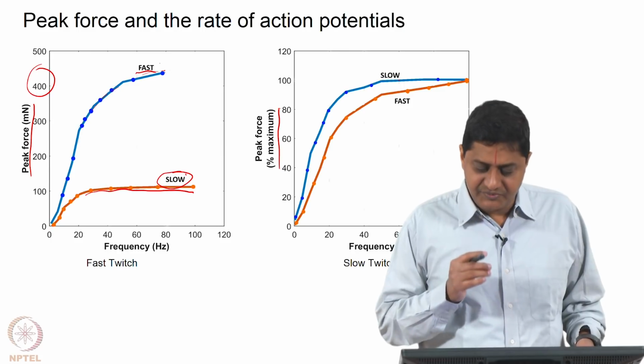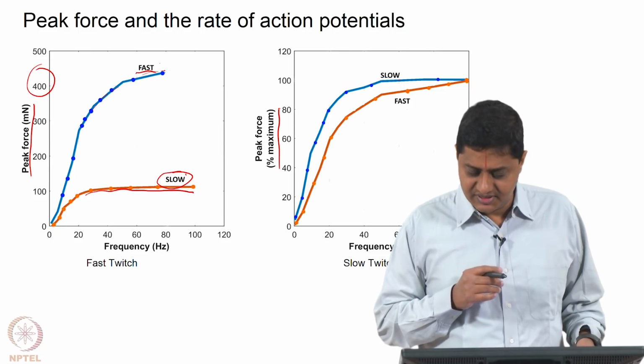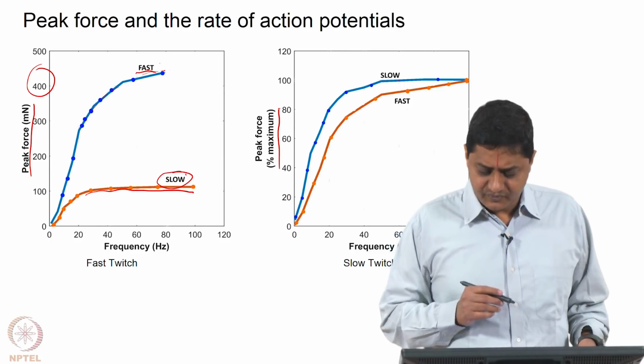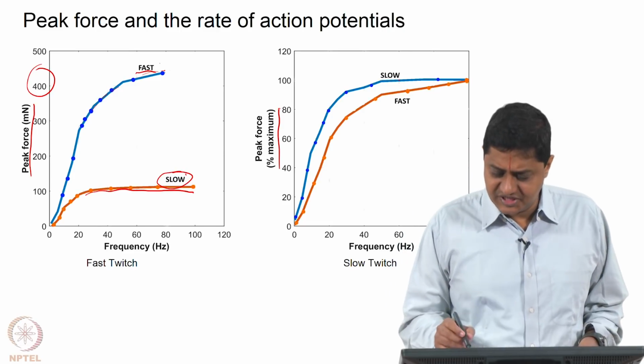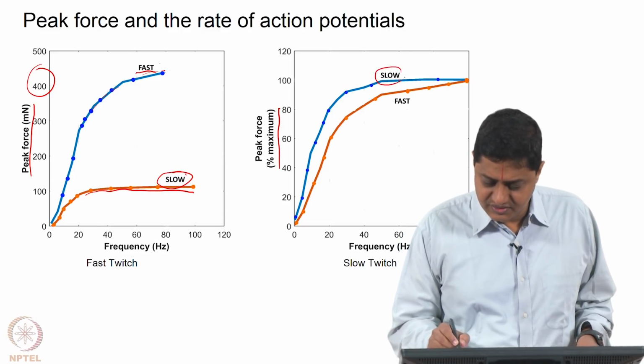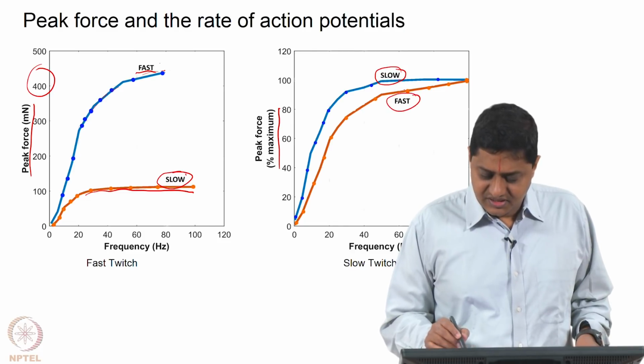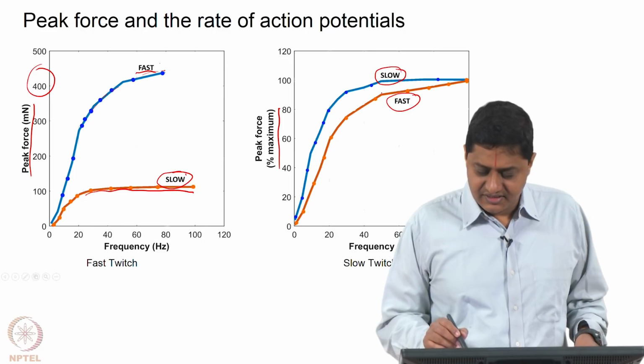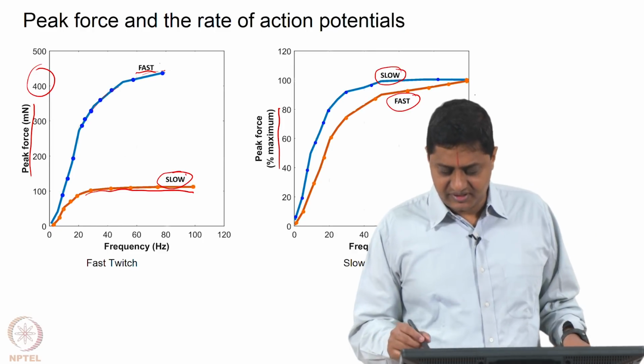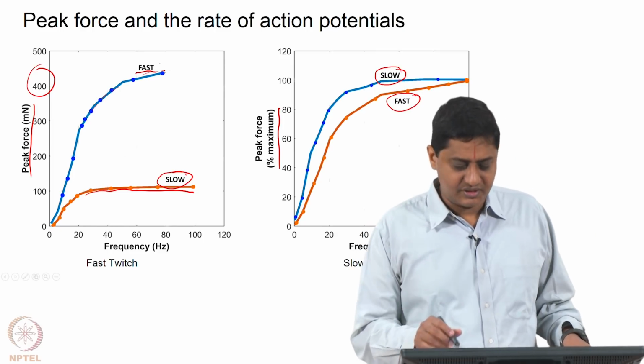So, if I keep stimulating, the motor unit that is slow and the motor unit that is fast reach their peaks at different rates, at a particular frequency.